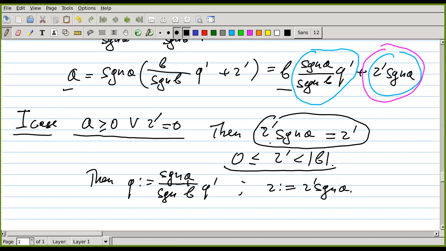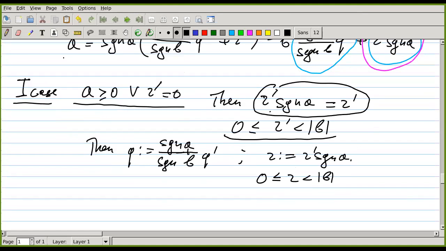Is it clear? Here we have that R is greater than or equal to 0, but less than the absolute value of B. What do you think? I guess it's fine, we can continue.